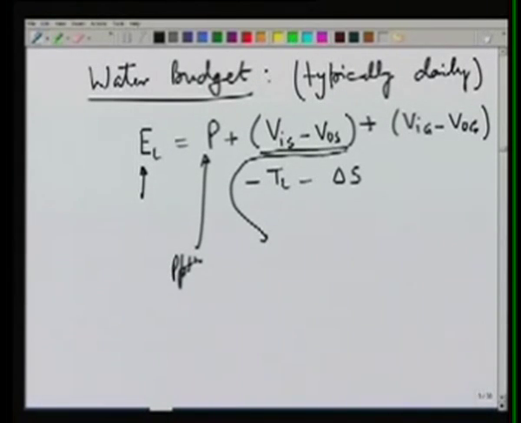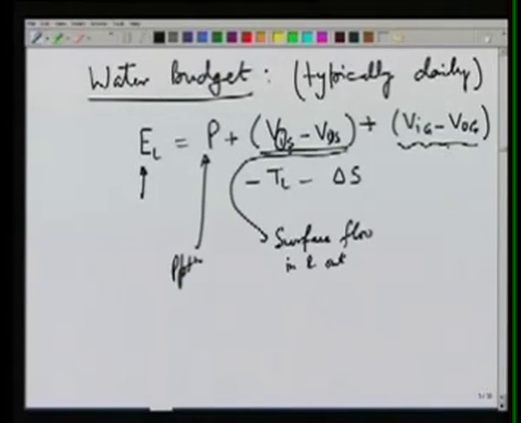These are the volume inflow and outflow from the surface water. So surface flow in and out. The subscript I represents in and O represents out. S means surface. So volume of water which is coming through surface flow in and out, that will give you net inflow. Similarly, this is groundwater.